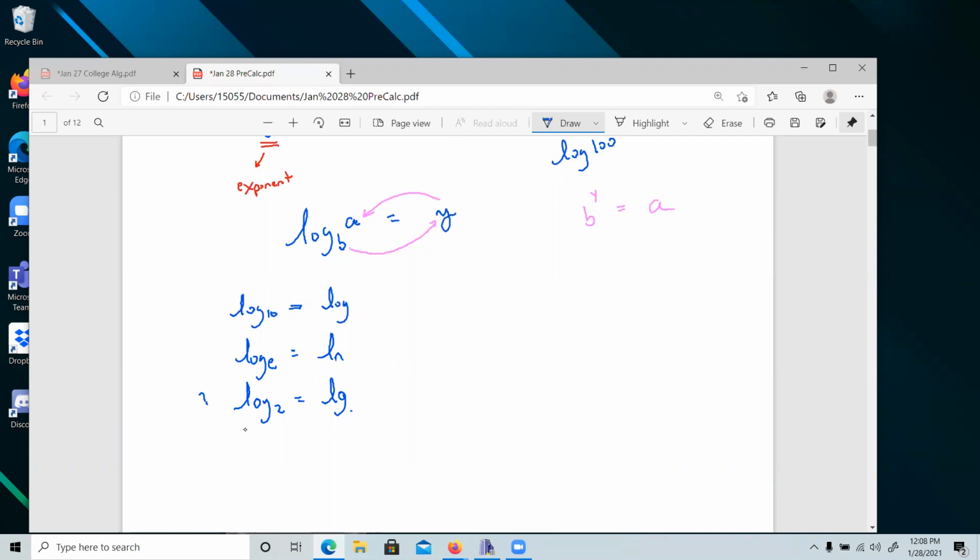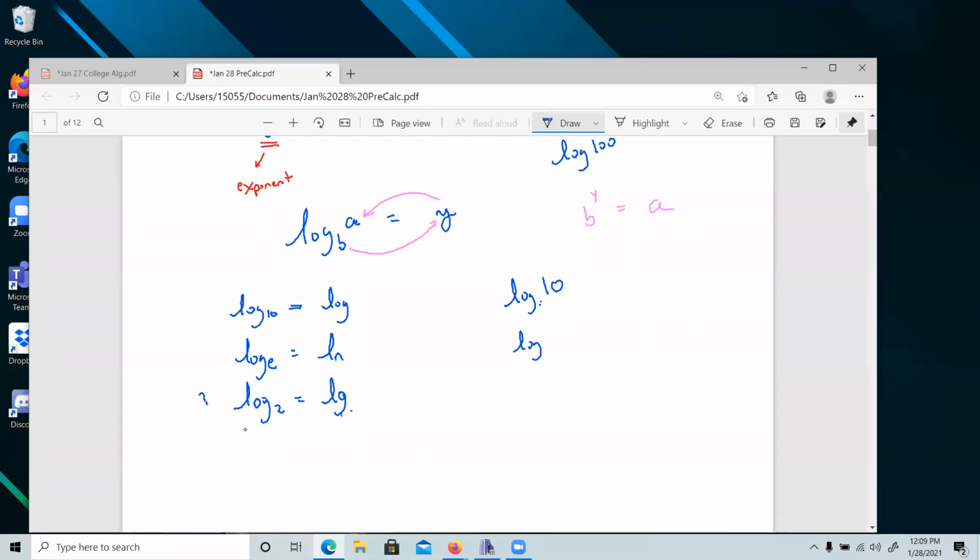I know they won't show us this notation in our book, but if you ever see it, that's what it means.